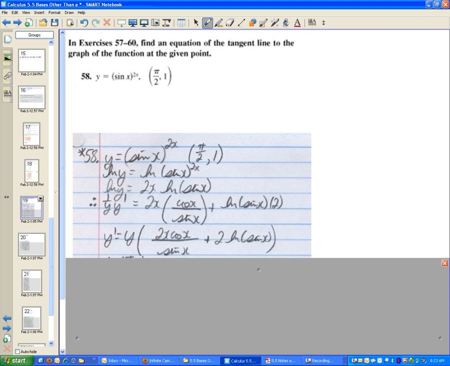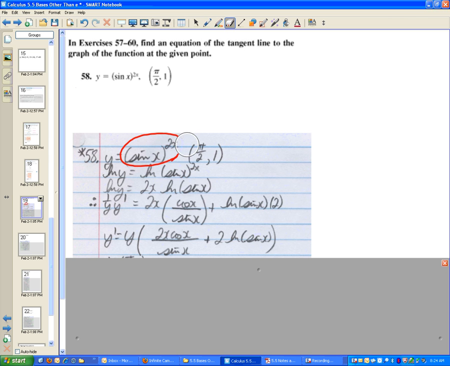Now, if my goal was to get the derivative, I would want to replace y with what it equals, and then simplify. And there'd probably be a lot of simplifying to do. But that's not really my goal, is it? My goal is to get the equation of the tangent line.